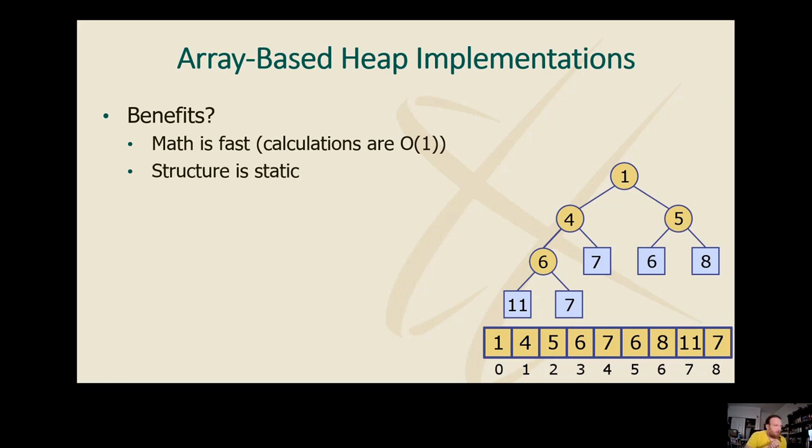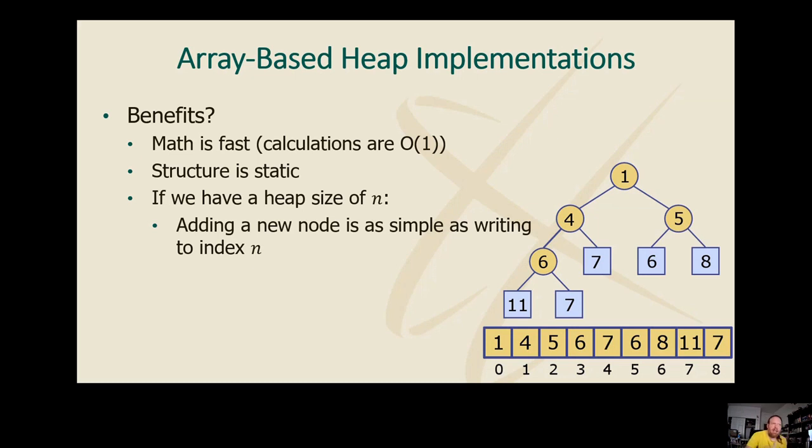Our structure is static and contiguous, right? And if you think about it, when we add children, we're just going to be adding them out here after our current. So that's nice. It's compact. And if we have a heap of size n, adding a new node is just adding at index n.